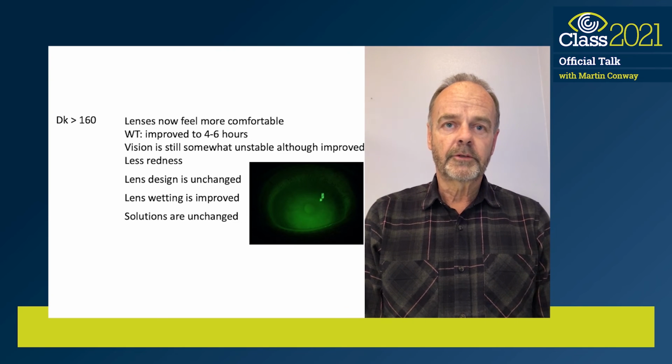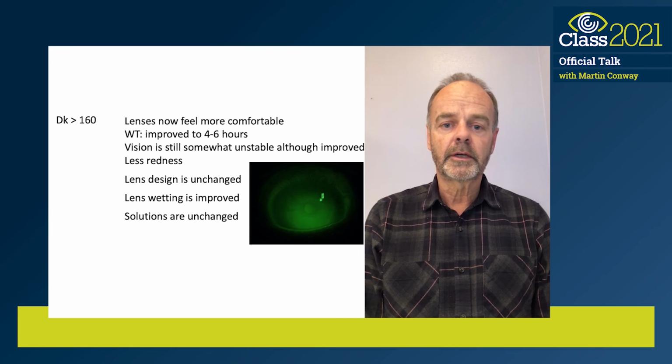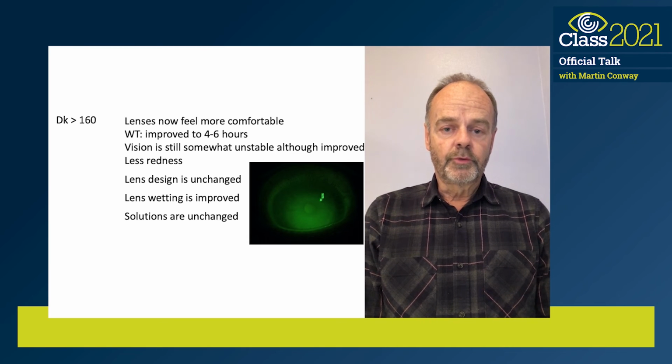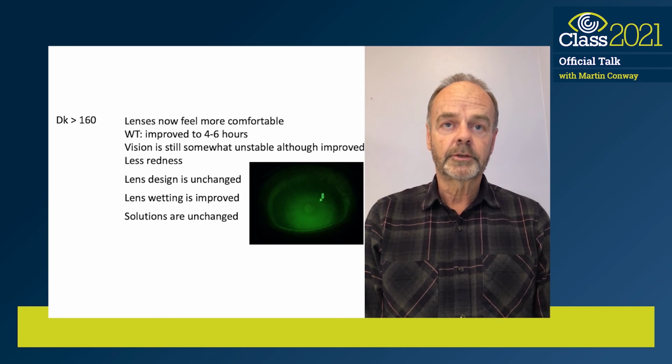A year and a half to 2 years ago, we changed her to a higher DK material of around 160 or more. That improved her comfort. Her wearing time had now doubled, to 4 to 6 hours. Vision was still a little bit unstable.